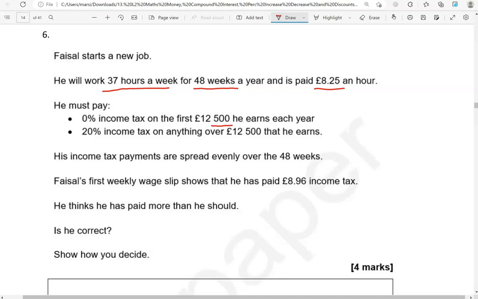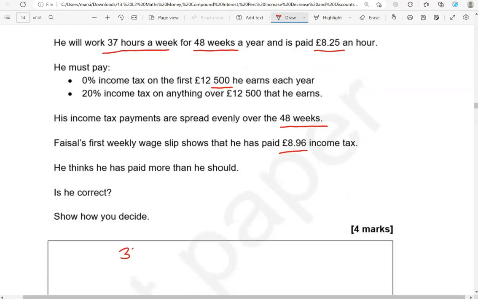His income tax payments are spread evenly over the 48 weeks. Faisal's first weekly wage slip shows that he has paid £8.98 income tax. He thinks he has paid more than he should. Is he correct? Shall he decide? So we need to work out income tax per week and compare it to £8.96.